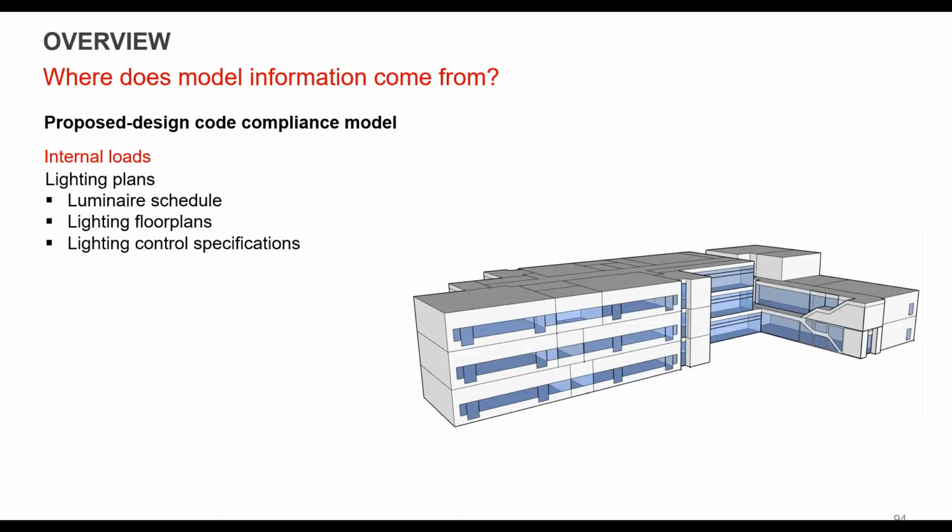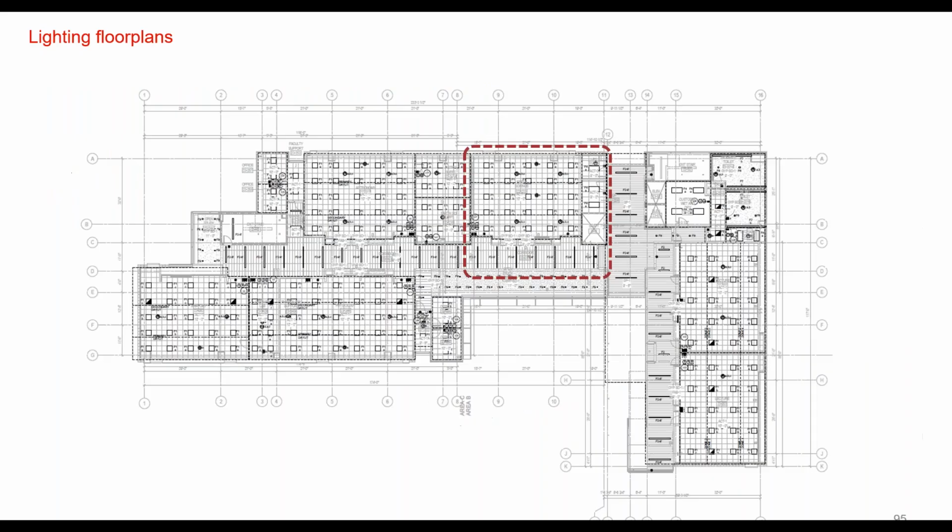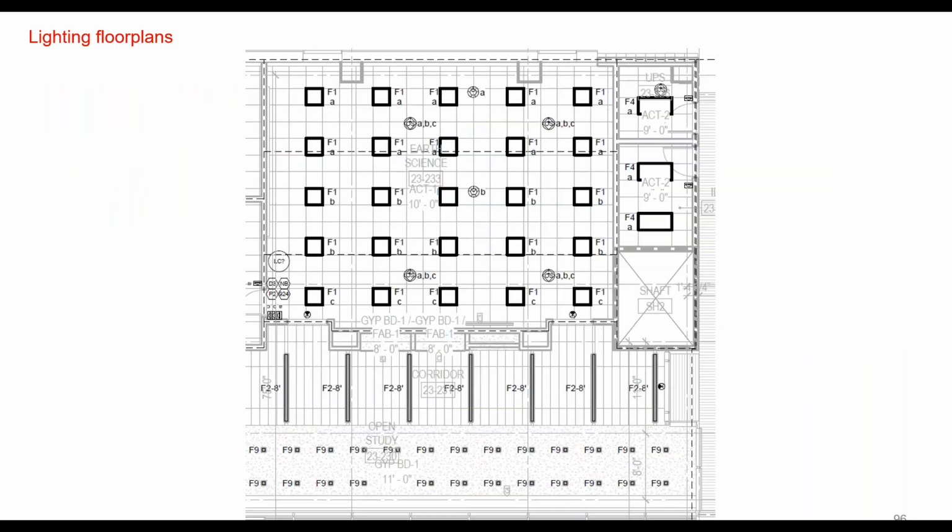What about lighting and internal loads in general? So at this point, likely you will have lighting plans, and we'll zoom in on a couple spaces here. So again, this is just a reflected ceiling plan out of an architectural set. So what you'll end up getting off of a drawing is the fixture labels.